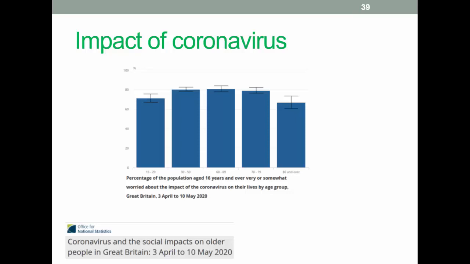In the period 3rd of April to 10th of May 2020, more than 3/4 of people were either very worried or somewhat worried about the effect the coronavirus would have on their life. But again, those aged over 80 and those aged 16 to 29 were least likely to be worried, which I think is an interesting outcome.